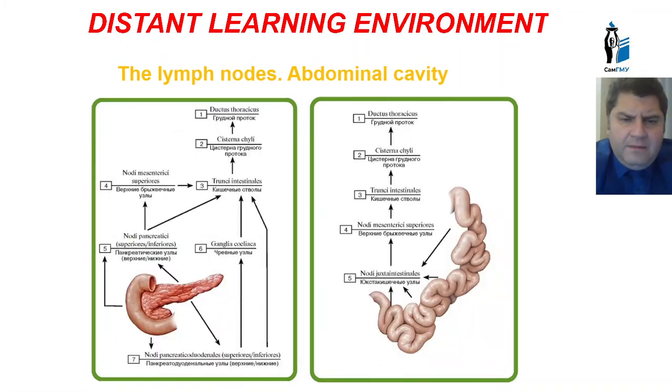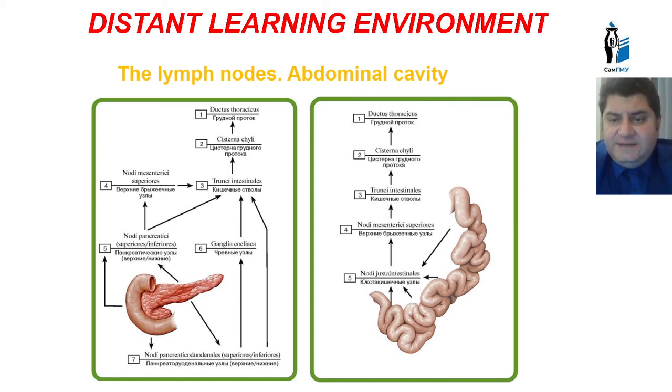From the pancreas and duodenum, lymph passes to pancreaduodenal superioris and inferioris nodes, and also it passes to pancreasis superioris and inferioris nodes. Next it passes to mesentery nodes and to the intestinal trunk, and next it passes to the thoracic duct.